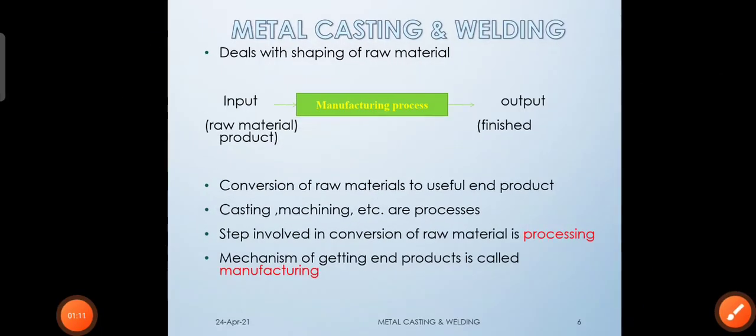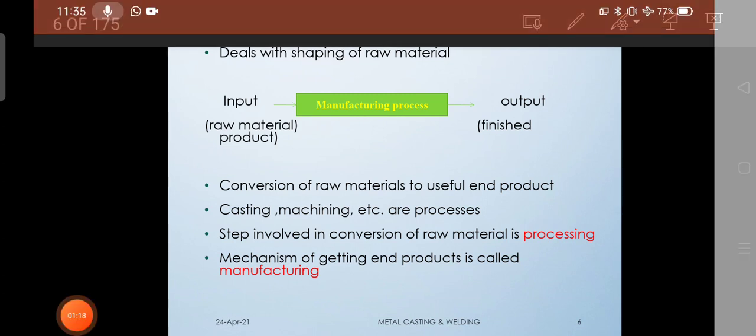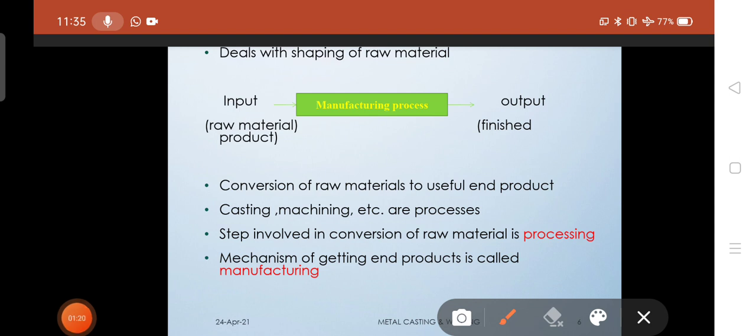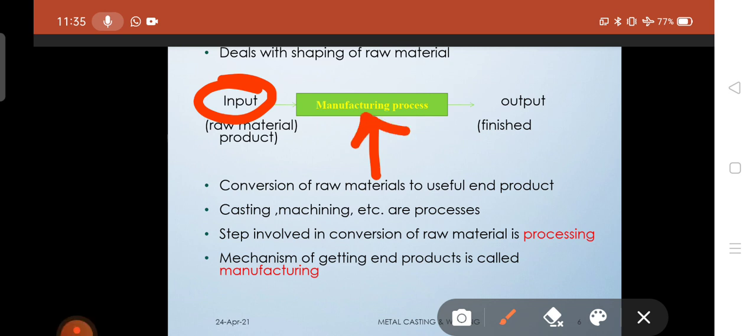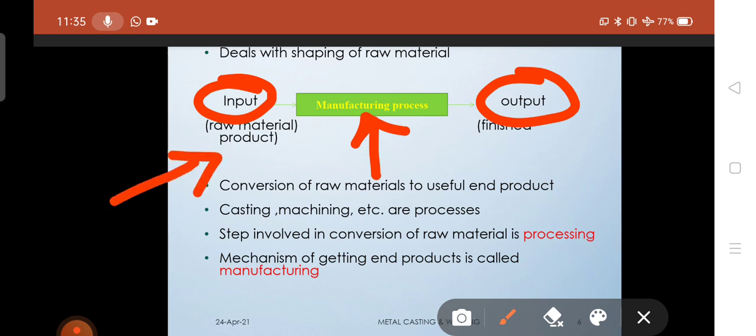That product may be any product. So here you can see in the slide, it shows the input we give to the manufacturing process, and that input we convert into output. It means we are using a raw material, for example iron.